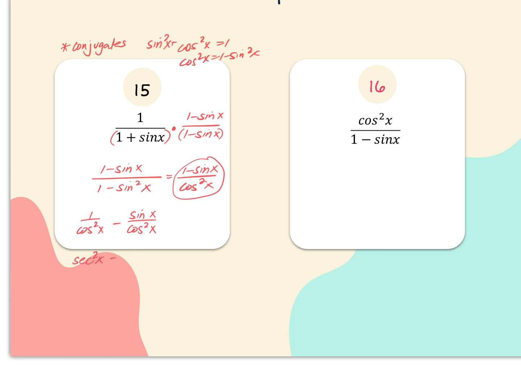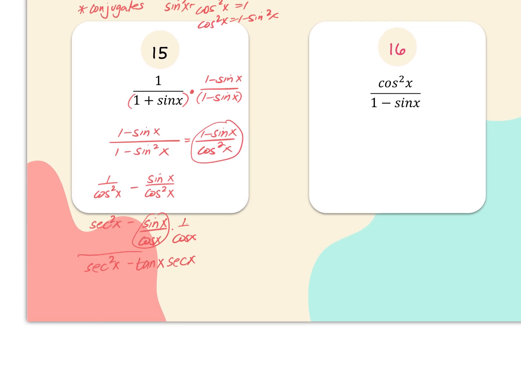For the minus sine part, I could make this sine x over cosine x times 1 over cosine x. This here is the same as minus tangent of x, and 1 over cosine of x is secant x.